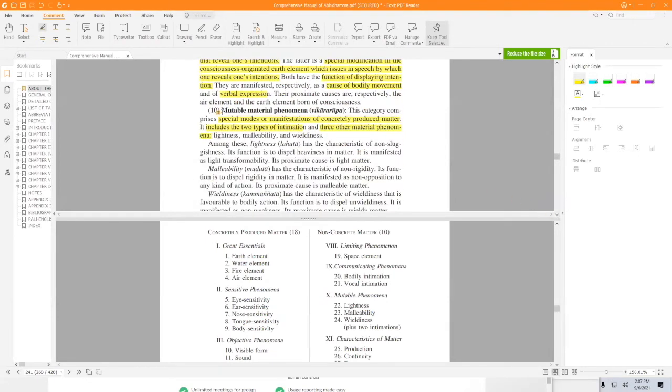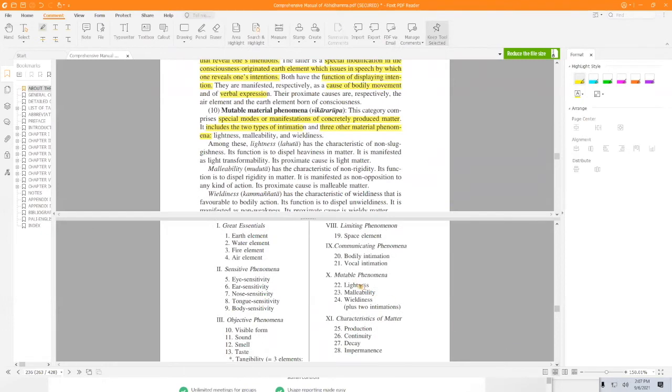Then the next group is mutable material phenomena. This includes the two types of intimation, but it also has three other types of phenomena, which are called lightness, malleability, and wieldiness.